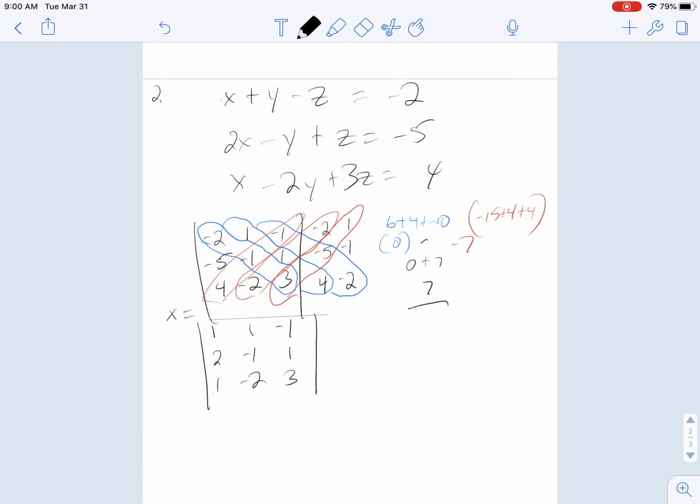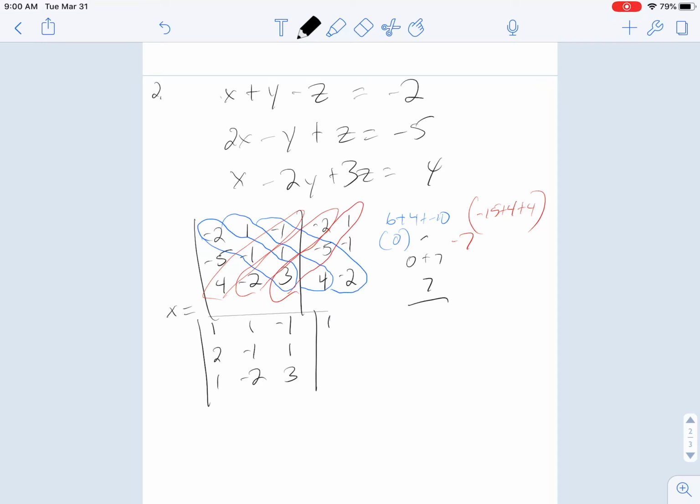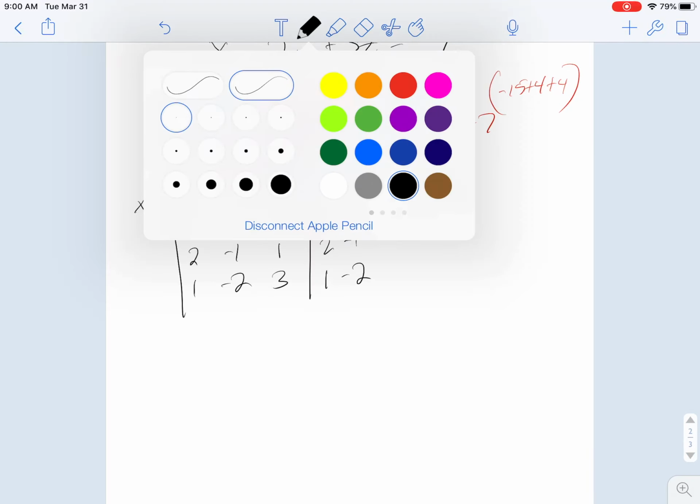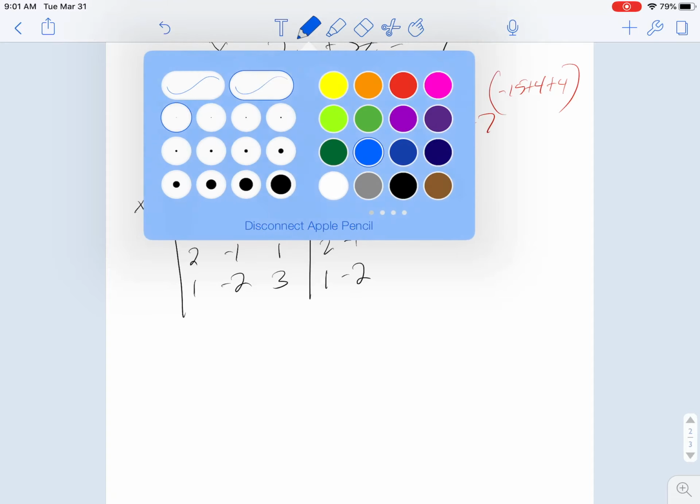Now, we keep going. We say, well, hey, we've got to be able to find the determinant of the coefficient matrix, which is in the denominator. So again, I rewrite the first two columns: 1, 2, and 1; 1, -1, and -2. I'm going to do the same exact process as I did with the numerator. All right, I'll color code these to help us.